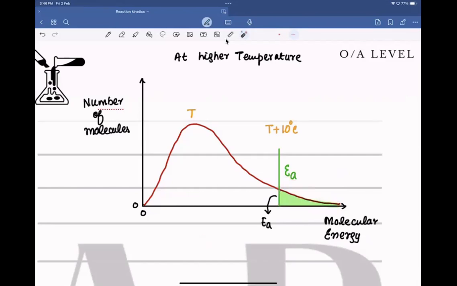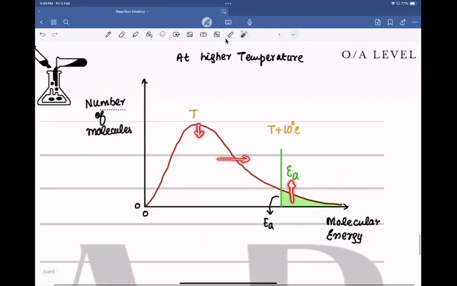Particles gain energy, right? So when the particles gain energy, what will happen to this curve? It moves towards the right, because at the right there will be more energy. So as it moves to the right, from here it rises, and from here and here it goes down. Is this understandable? Yes, sir. So it will be drawn like this.